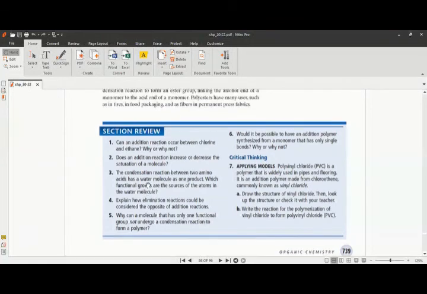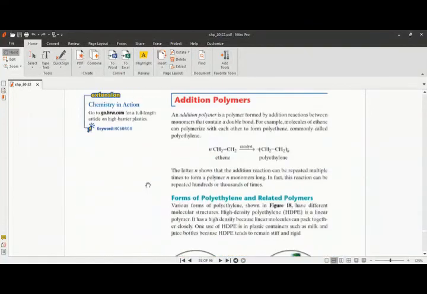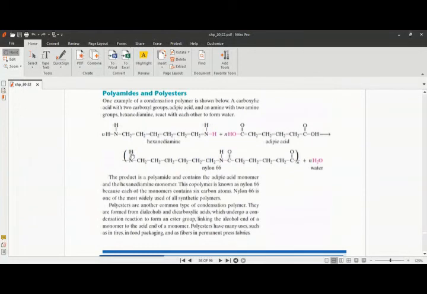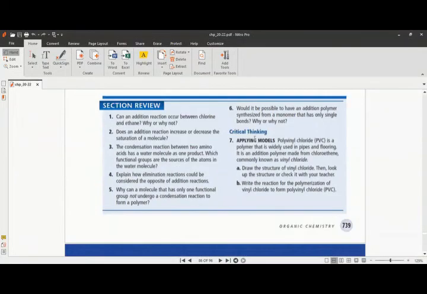If you don't remember that, you have here the equation. Here you have the amine. We took the hydrogen from the amine and the hydroxyl from the carboxylic acid group. So you remove the H from the amine and the OH from the acid. This is the rule to make a condensation reaction.